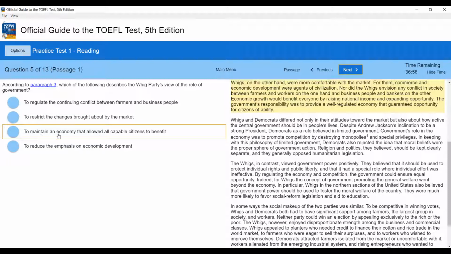So maintain an economy, so that'd be to well regulate the economy, and citizens of ability, I would say, is a rephrasing, capable citizens to benefit. And guaranteeing opportunity, this would be allow.